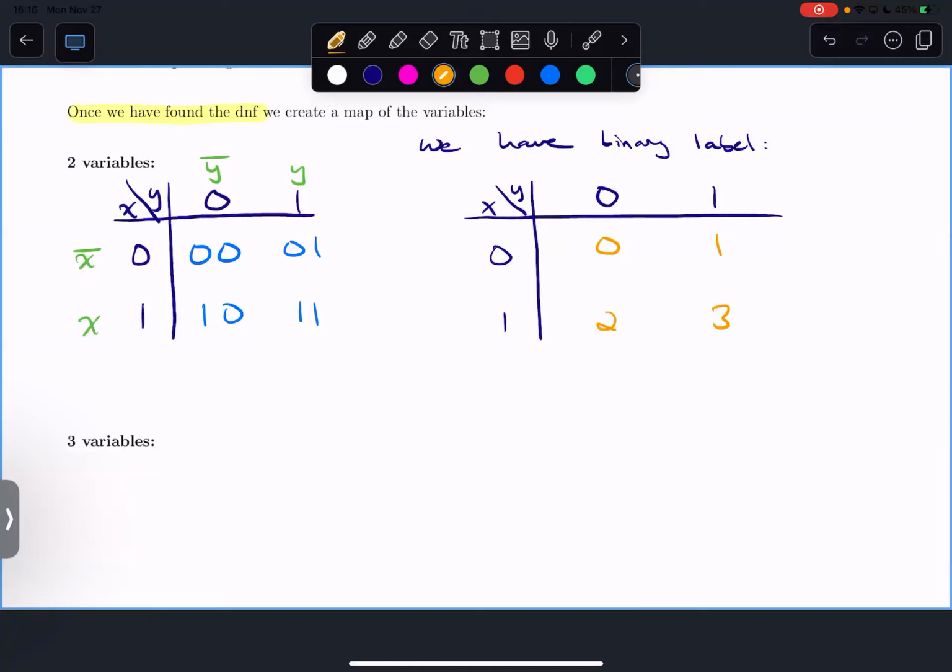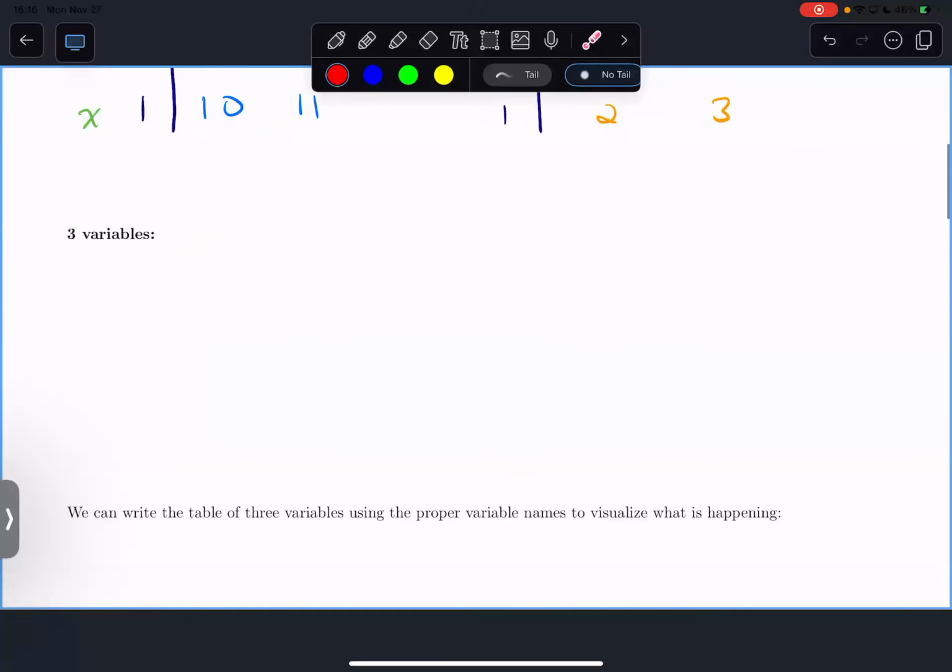So if we had a cute little DNF with only 2 literals, X and Y, then we could map those on here. I'm not going to talk about how just yet, because we're probably going to have 3 variables.